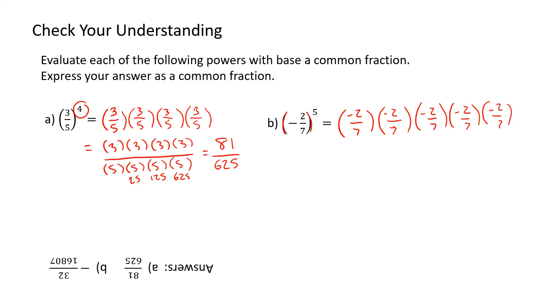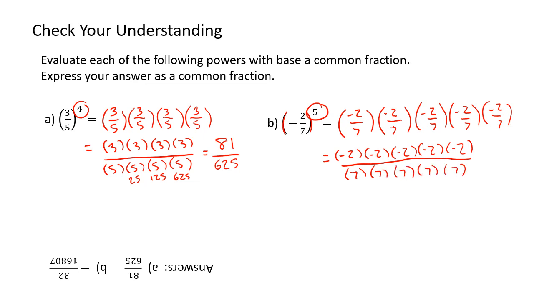Okay, so just like in the previous example, I've left the negative in the numerator just because it's the convention that I'm used to. So if you multiply this out, you get negative 2 in the numerator 5 times, because that is the exponent, remember, divided by 7 5 times.